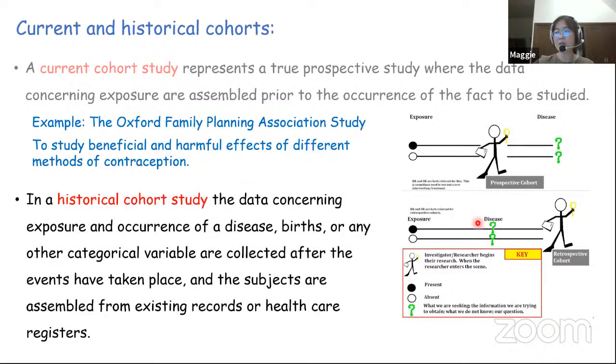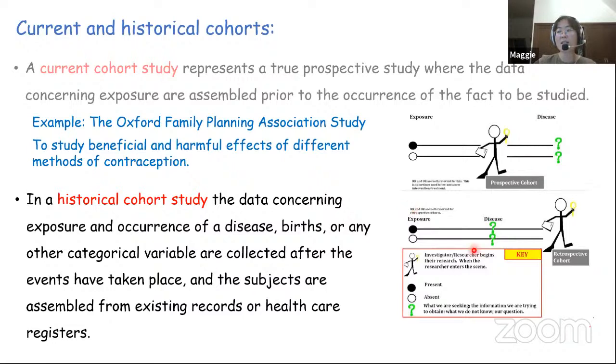And the next one is a little bit different. It's called a historical cohort study. In a historical cohort study, the data concerning the exposure and occurrence of a disease exist first. So, which means that we know they have different exposures.